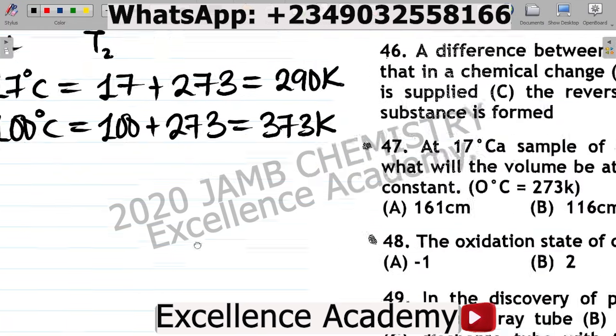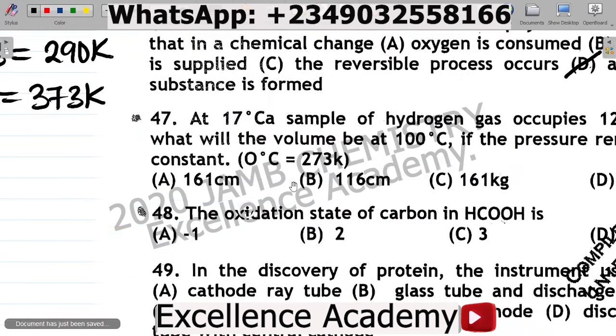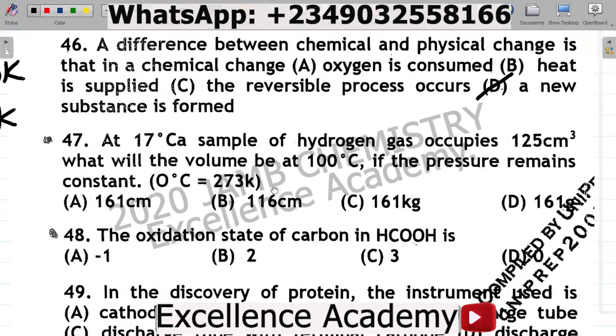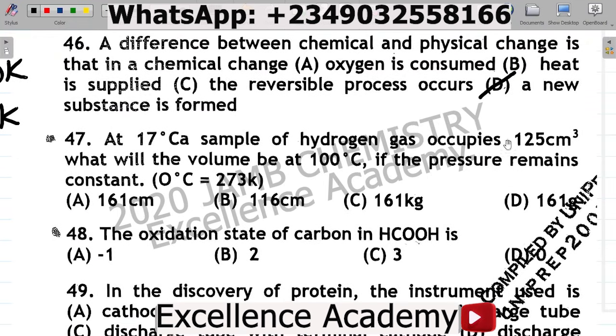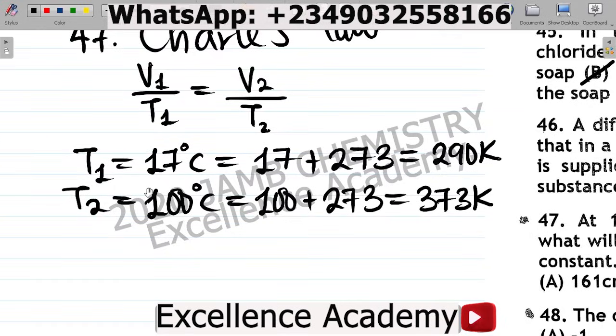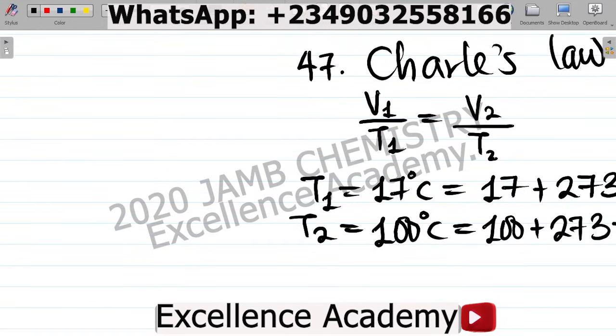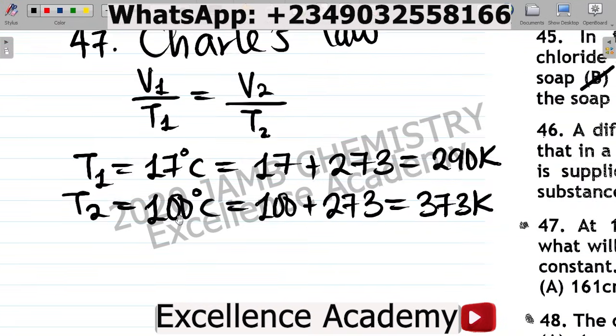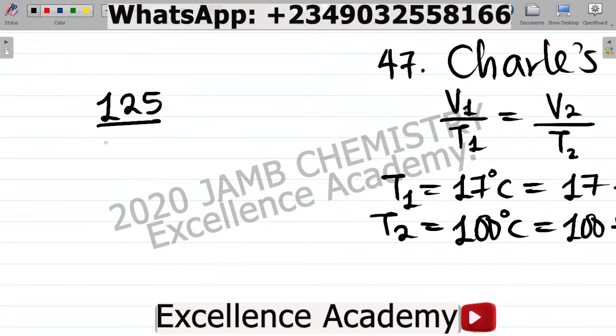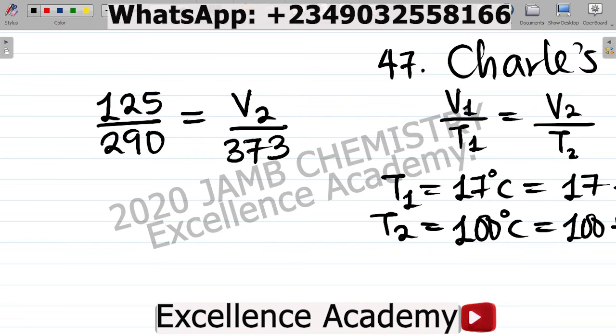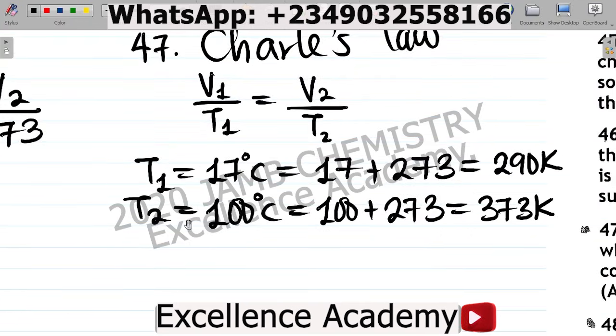So you have this. Next up, they give us the first volume there, 125 cm cube. So you have to find the second volume. So first volume V1 is 125 all over T1. T1 is 290, so all over 290, it's equal to V2 all over T2, 373, as we got here in Kelvin.